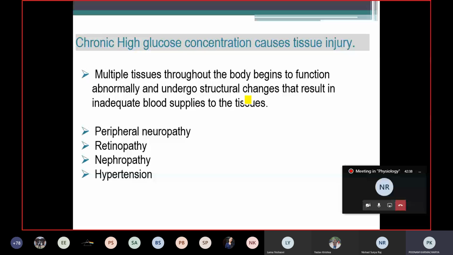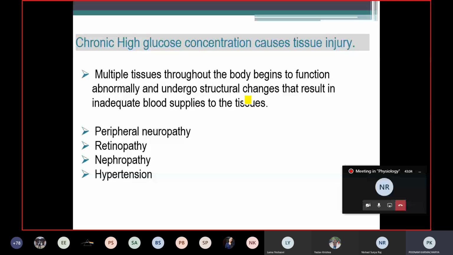So you can see because of the chronic high glucose concentration, there can be various changes occurring in our body. It occurs because of structural changes due to increased glucose concentration. There can be peripheral neuropathy, which is damage to the neurons. Retinopathy is damage to the retinal cells.